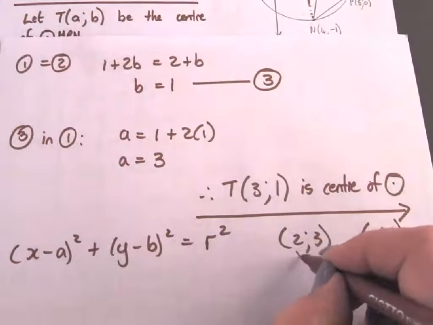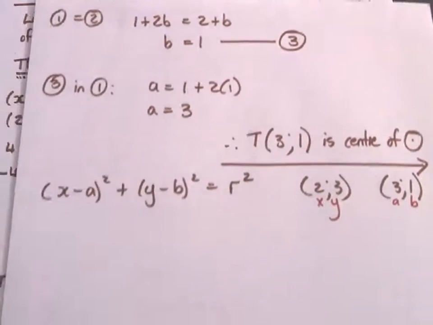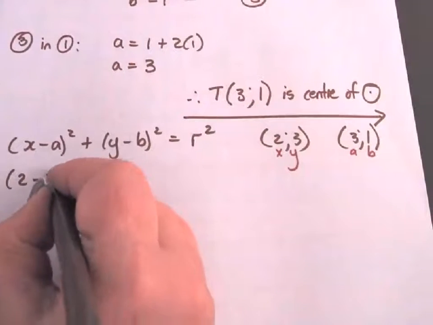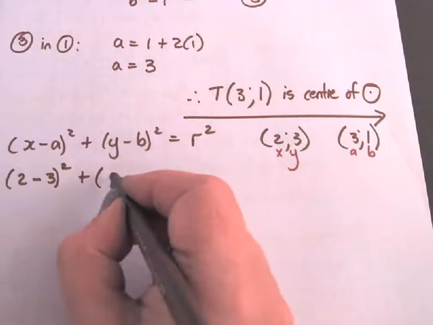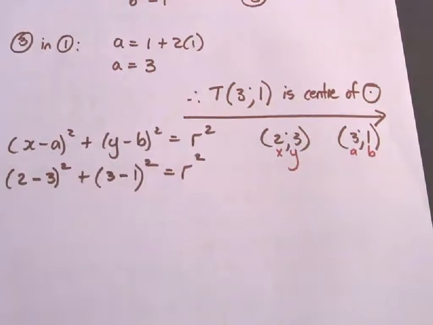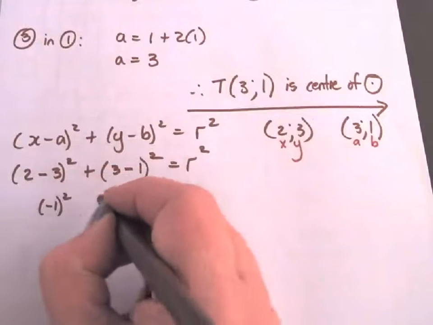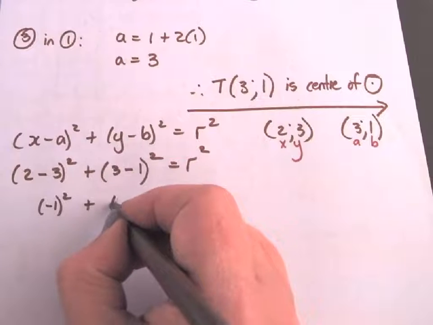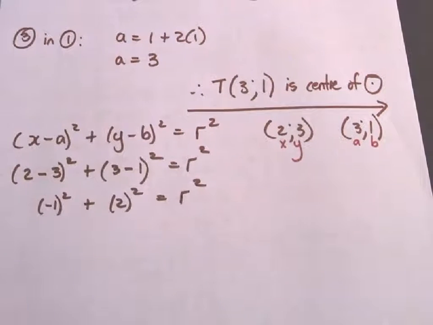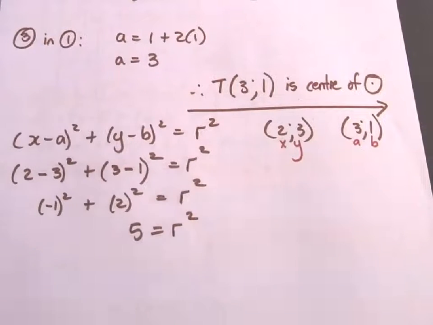So this will be x and y, and that will be a and b. (2 minus 3) squared plus (3 minus 1) squared gives me the radius squared. 2 minus 3 is negative 1 squared plus 3 minus 1 is 2 squared equals r squared. 1 plus 4 is 5, so r squared is 5.